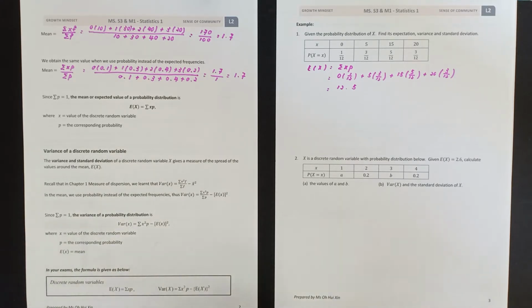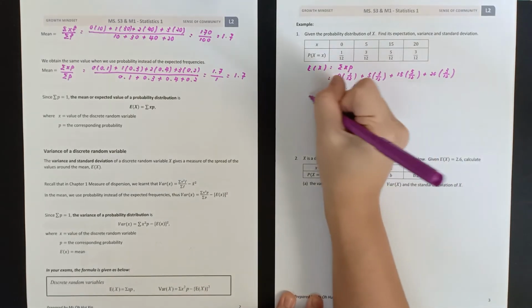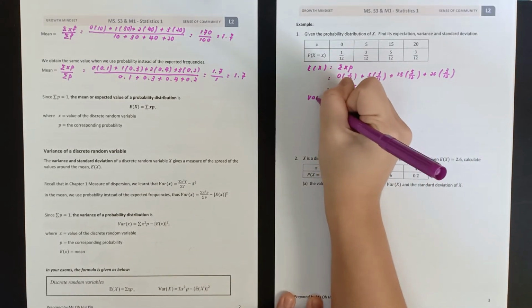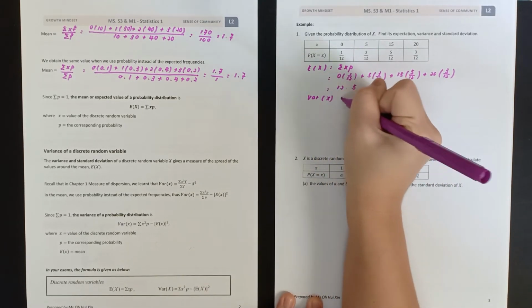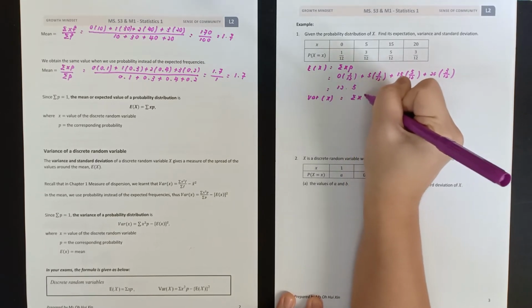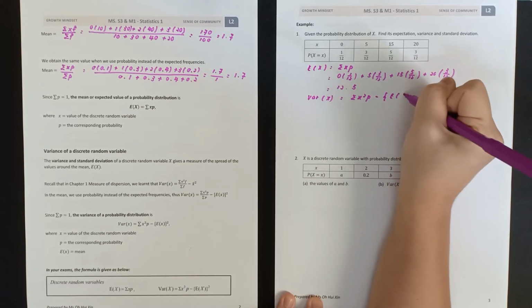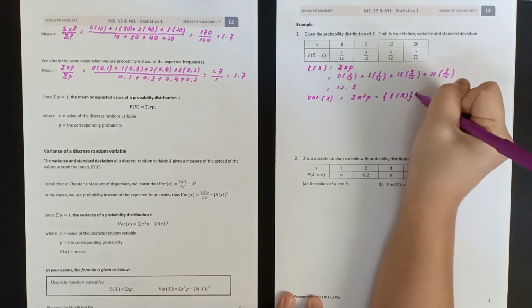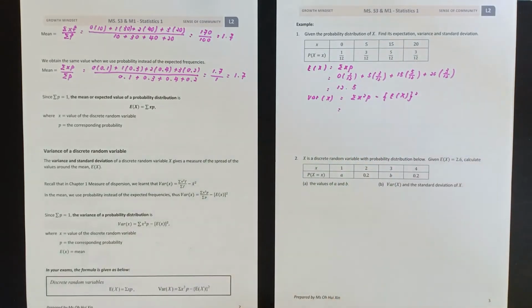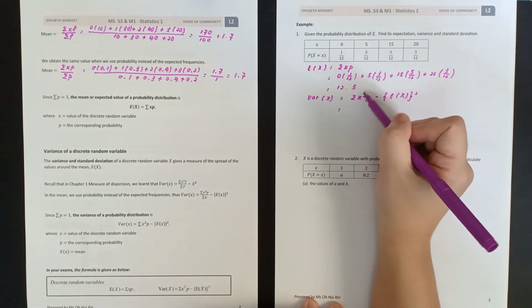Okay, the second one, find the variance. Let's write down the formula also. The variance of X equals the sum of X squared times P, and then minus E(X) squared. Now let's substitute the numbers that we have here. You see all the values of your discrete random variable, you square them.